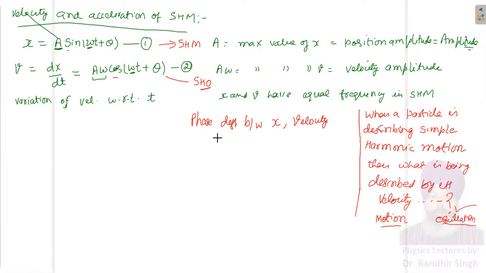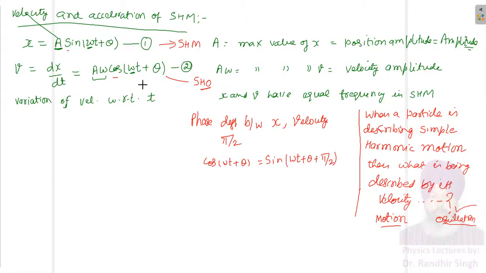Pi by 2. Very good. It is pi by 2. And who can tell me which is ahead in phase, position or velocity? Velocity, because cos(omega t plus theta) can be written as sine(omega t plus theta plus pi by 2).